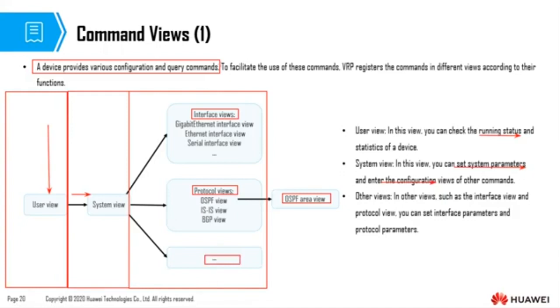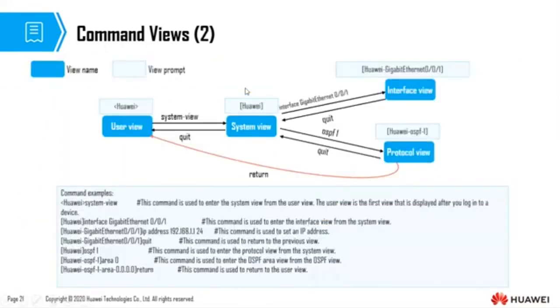Let me just show you in the next slide. So this is it. Whatever is in this is the view name, and whatever is in that colored part is the view prompt.